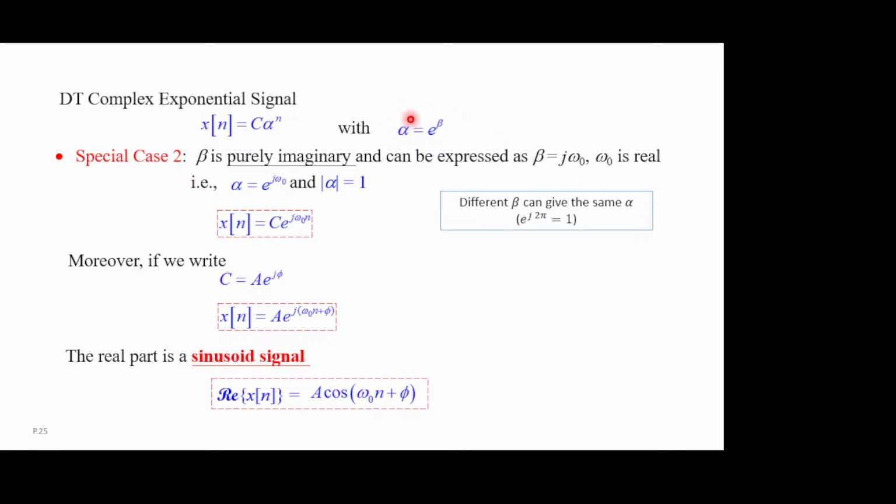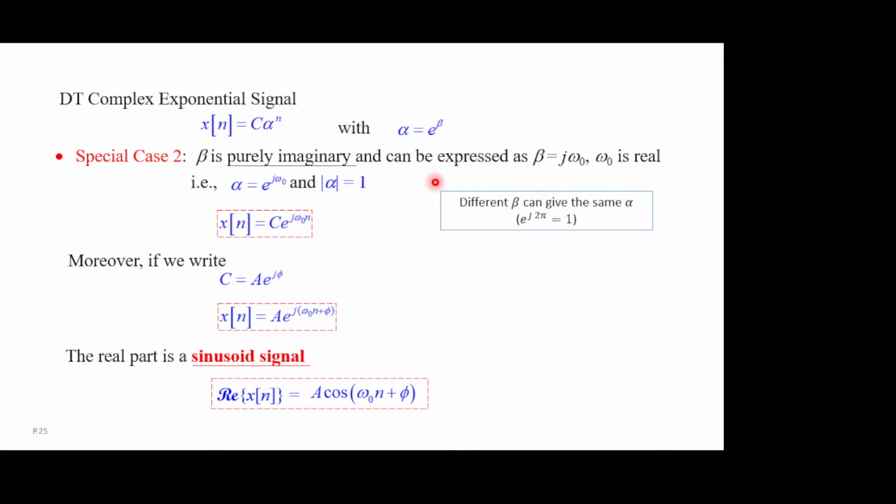That doesn't mean A is purely imaginary. That means A equals some j omega naught. And a more succinct characterization is that the absolute value of A equals 1. Okay. So the special case where beta is purely imaginary corresponds to alpha having absolute value 1.